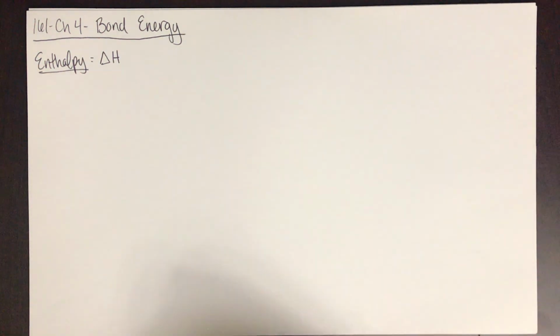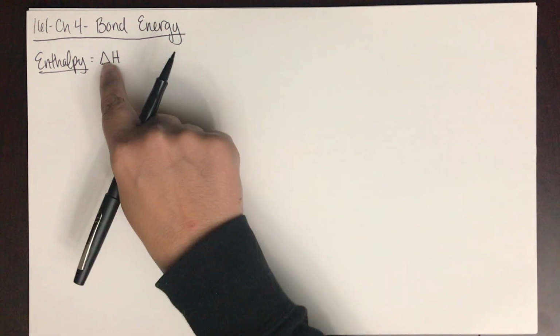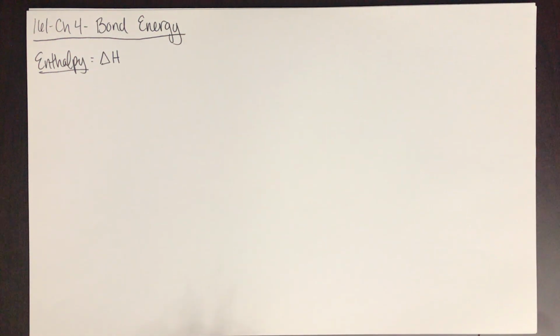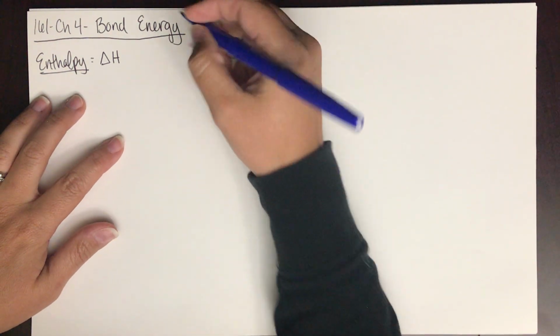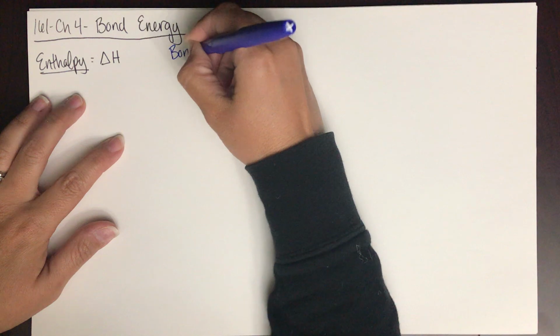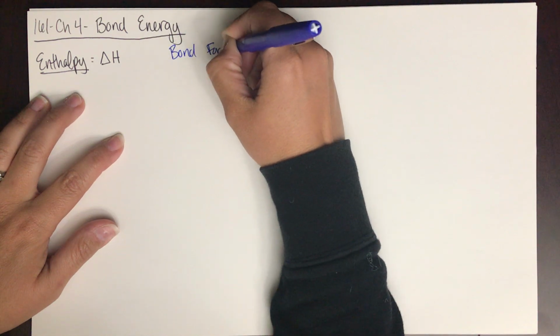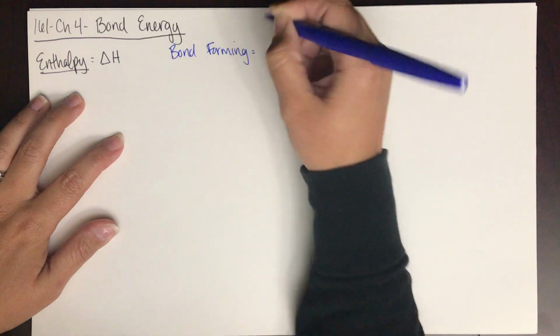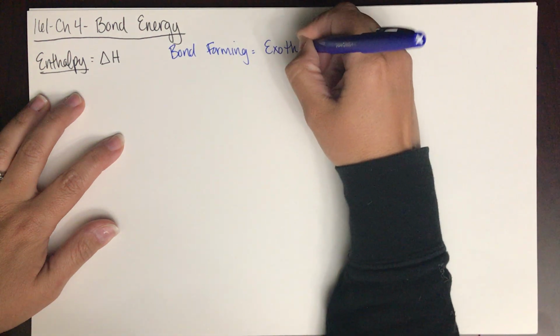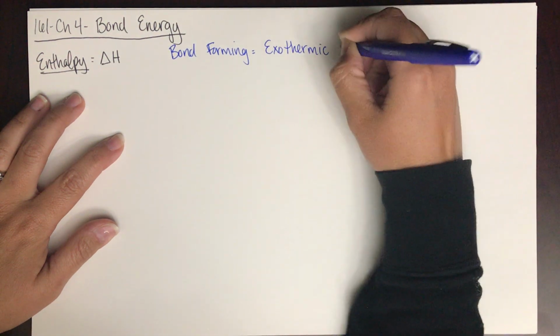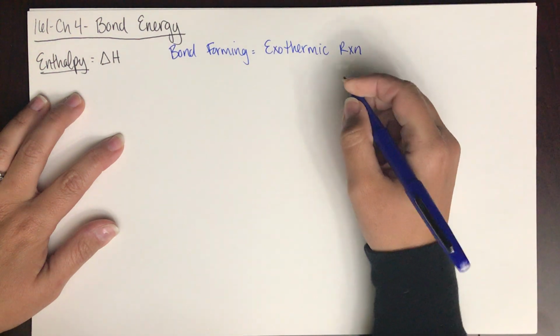So there's two types of chemical reactions. There's called endothermic reactions and exothermic reactions. So when a bond is forming, this is an exothermic reaction.